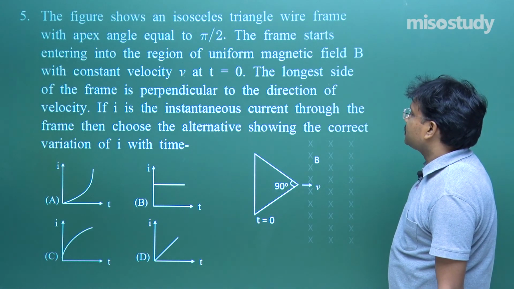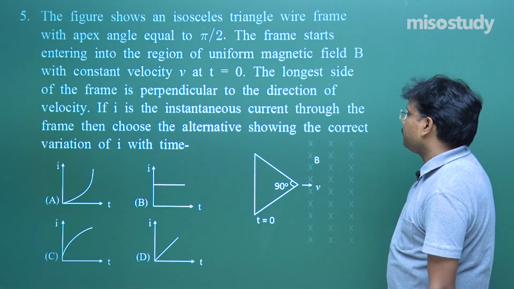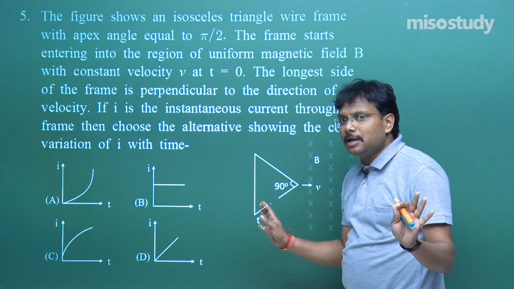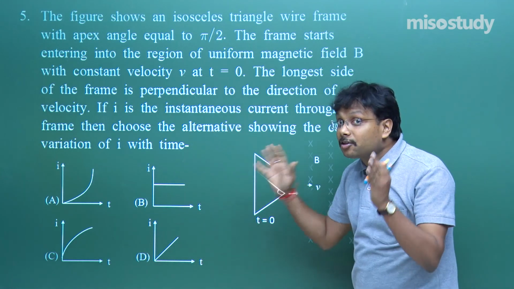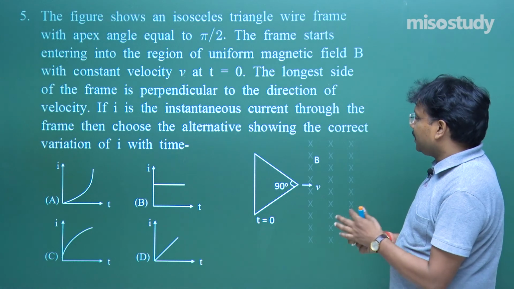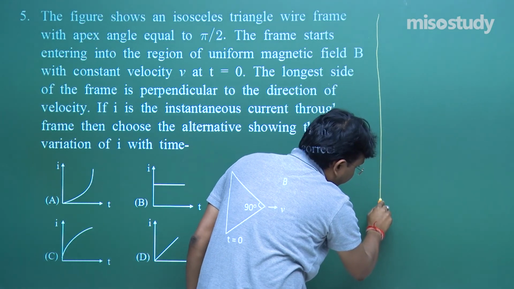If I is the instantaneous current through the frame, then choose the alternative showing the correct variation of I with time. You need not calculate, you just have to visualize and then you can find out the expression and then this graph, okay. So, I hope the diagram is clear. Let me explain it.